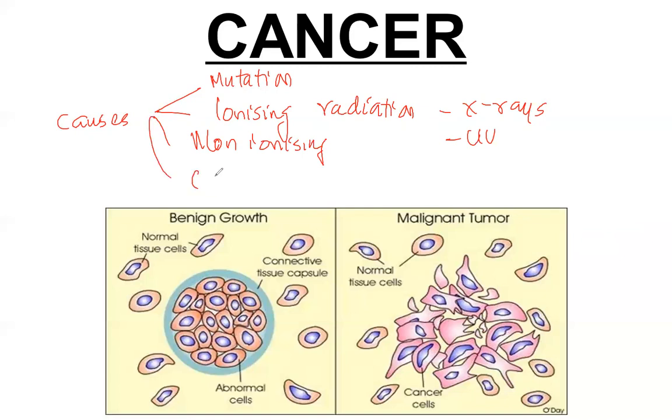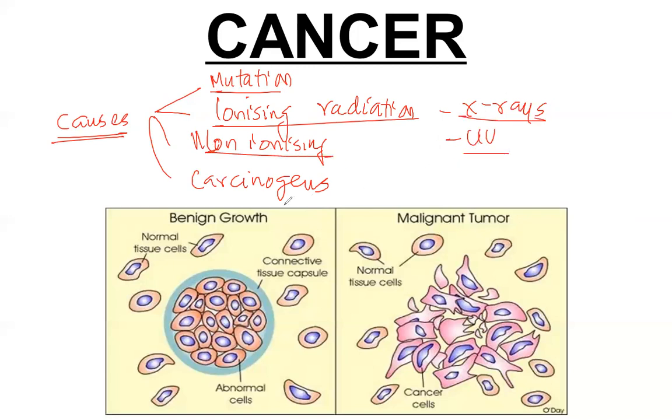Then there are chemicals called carcinogens. Carcinogens are chemicals that cause cancer. So the causes of cancer are mutation, ionizing radiation like X-rays, non-ionizing radiation like ultraviolet rays, and carcinogens.